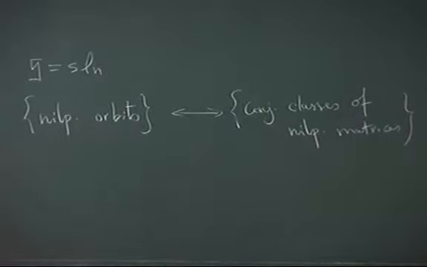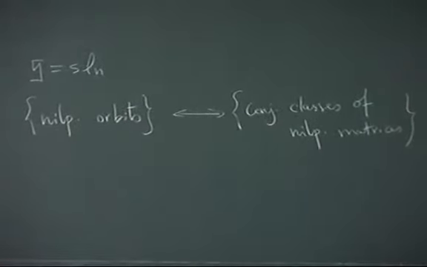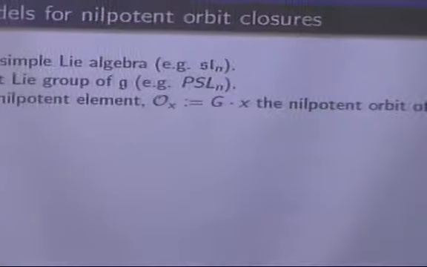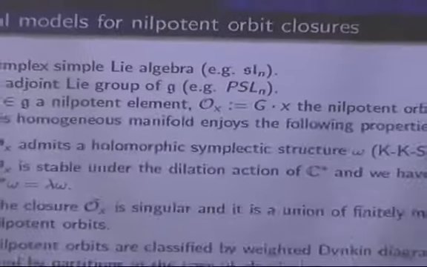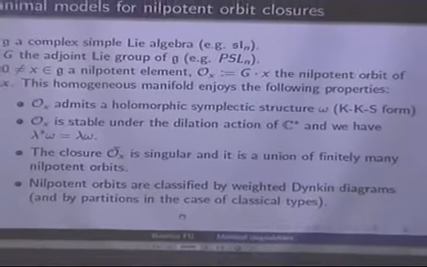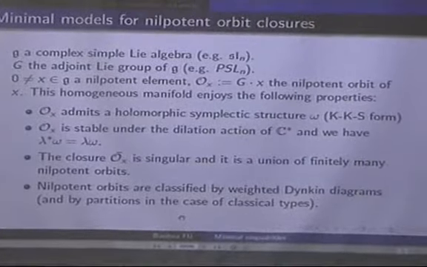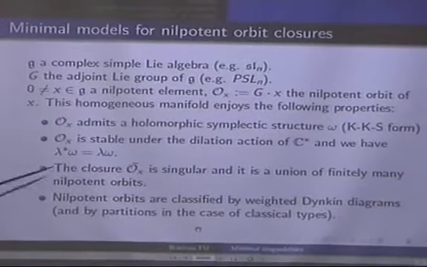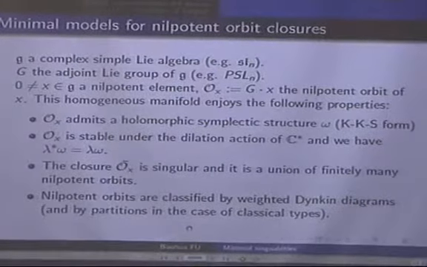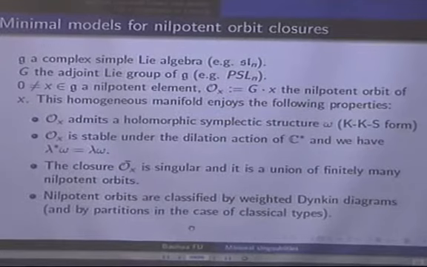So from this way, you can say it's very easy, it's very elementary. However, since this is an orbit, you obtain a smooth manifold. In fact, it enjoys many special properties. For example, first of all, this is a smooth holomorphic symplectic manifold, meaning you have a holomorphic symplectic structure.